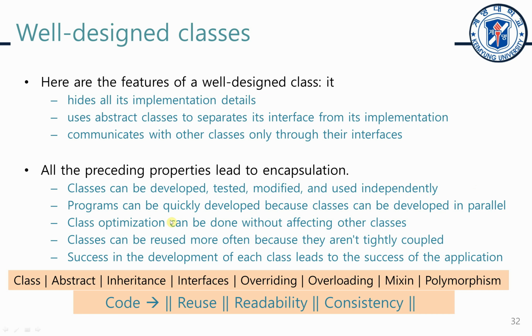And the programs can be quickly developed because classes can be developed in parallel or by different people. Class optimization can be done without affecting other classes. If I'm trying to optimize my class and Professor Kim wants us to optimize his class, then we can do it independently, and classes can be reused more often because they are not tightly coupled. Encapsulation leads to less tightly coupled classes, which is a good behavior in classes.